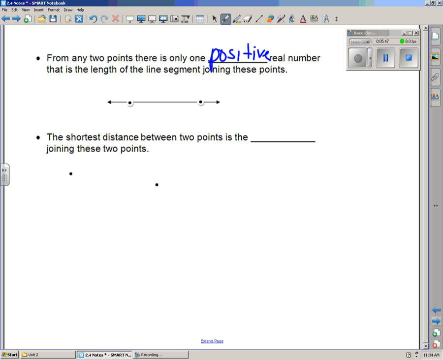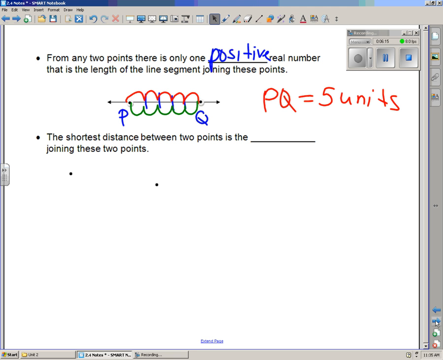So if I have this being P and this being Q, on a number line, then the distance from P to Q, either way I count, 1, 2, 3, 4, 5 units, or if I go from Q to P, 1, 2, 3, 4, 5 units. So either way, PQ equals 5 units. So from any 2 points, when you talk about the distance between them, it's always going to be positive.